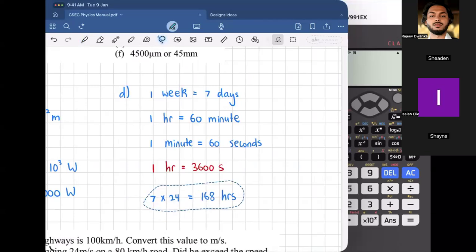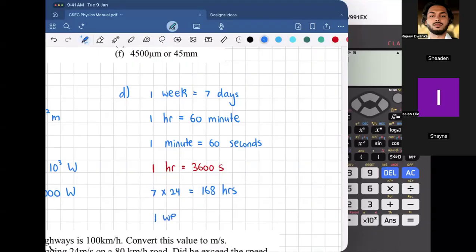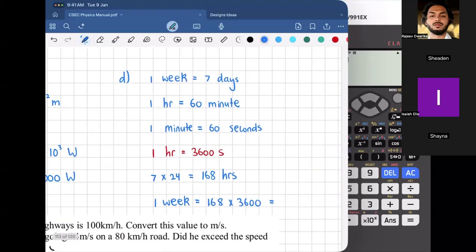So 1 week will be equal to 168 hours, and you have 3,600 seconds in 1 hour. So we have 168 hours, I'll multiply that by 3,600. What are you getting? If I could do that mentally, that would be insane, right?